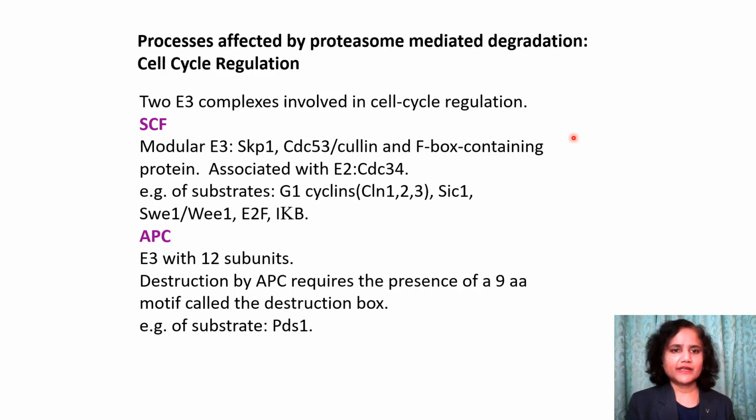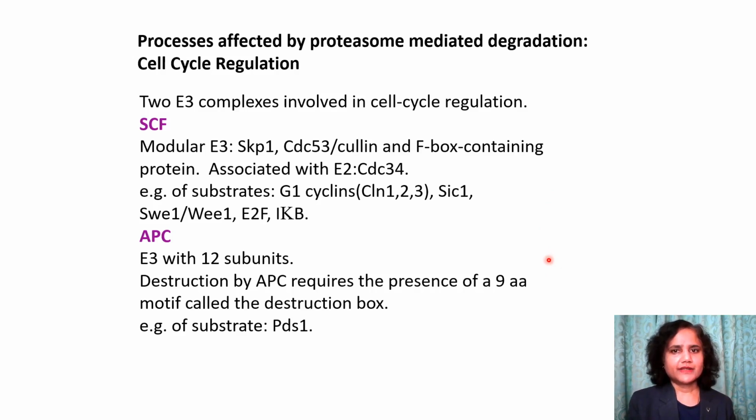This is a modular E3 ligase and named after its subunits SKP1, CDC53, cullin, and F-box containing protein. It's associated with an E2 referred to as CDC34, and some of its substrates include the G1 cyclins, SIC1, which is a CDK inhibitor, and other regulators such as E2F and I-kappa B.